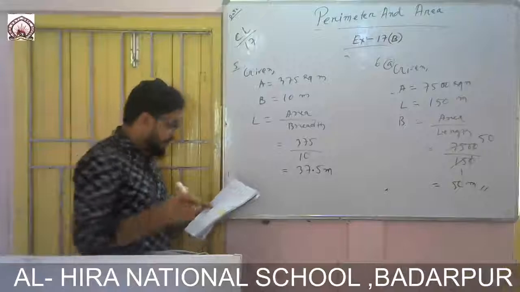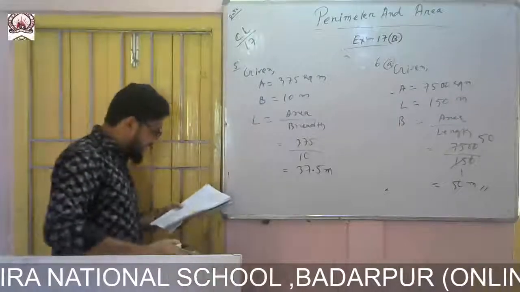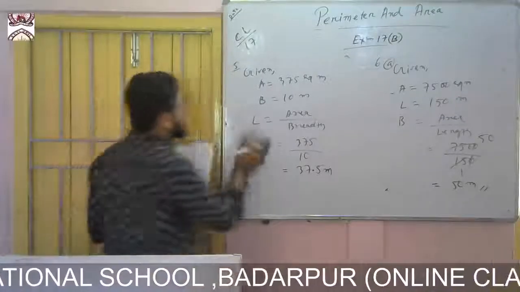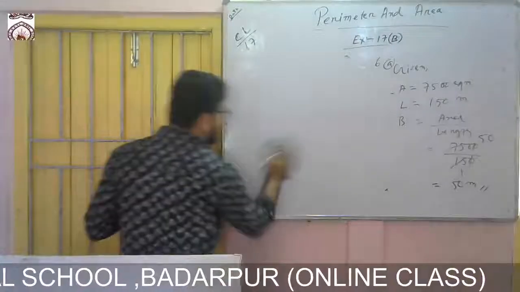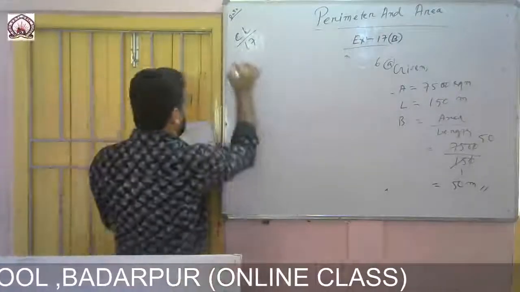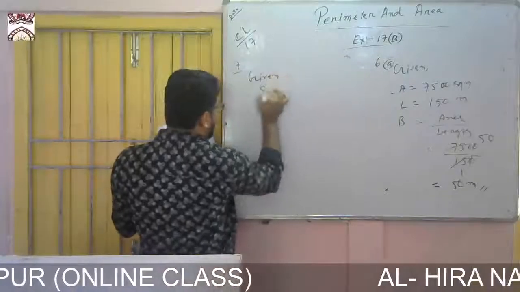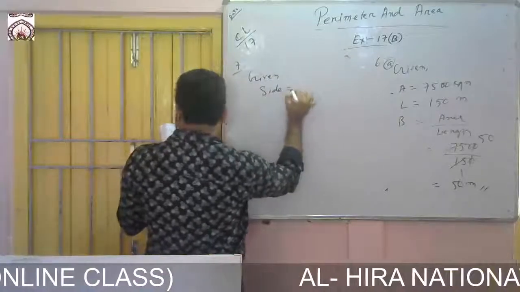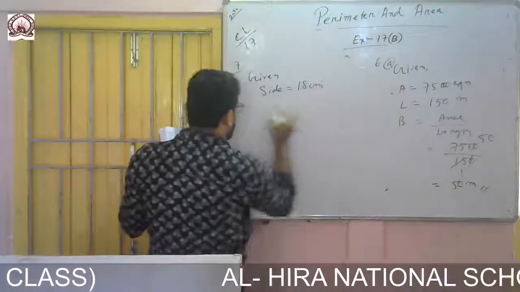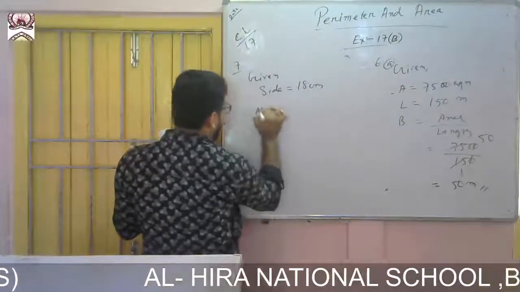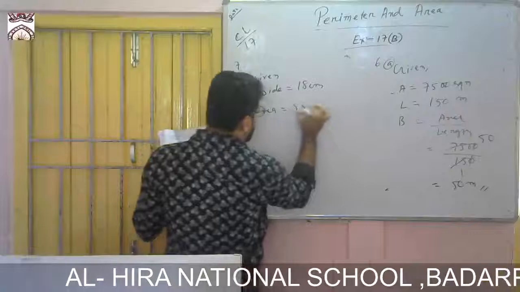Now come to 7. Find the area of a square of side. Side is given, we need to find area. So question number 7, what is there? Given side equals 18 centimeter. Therefore area equals side into side.